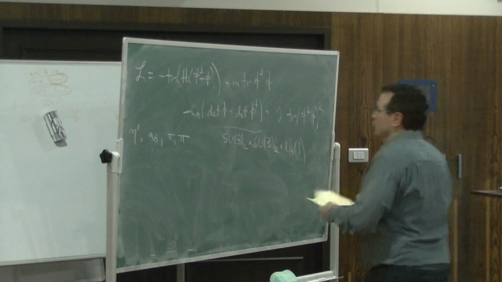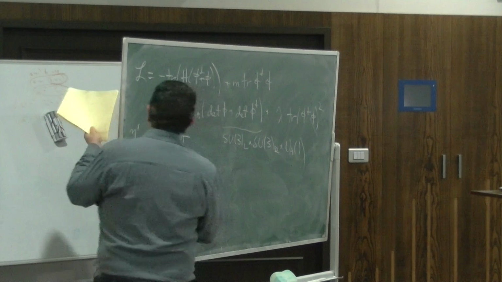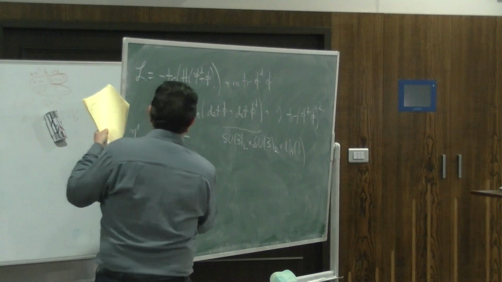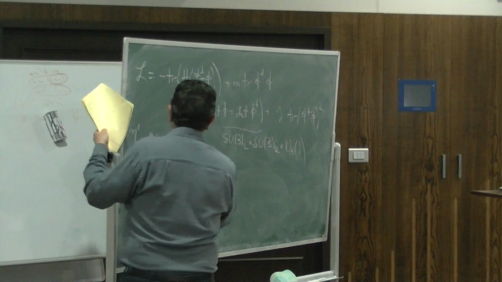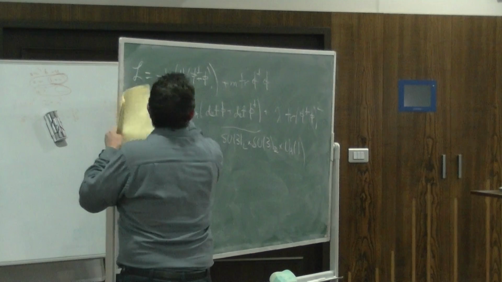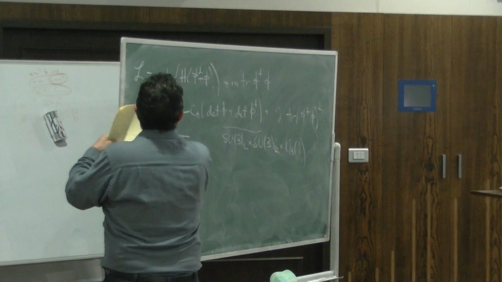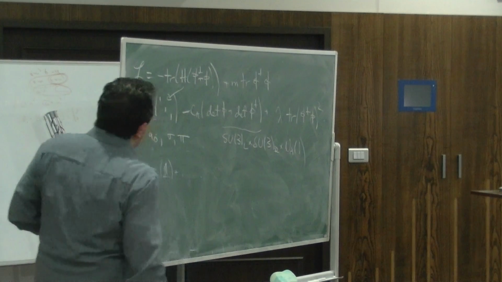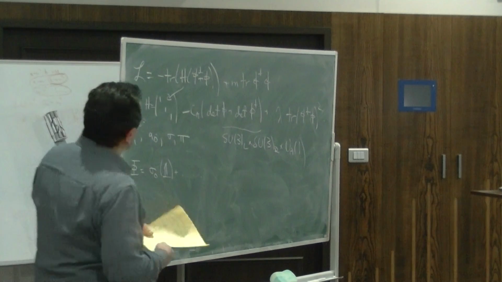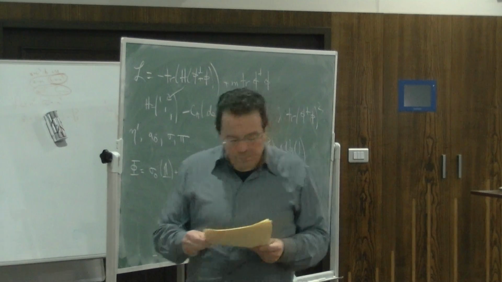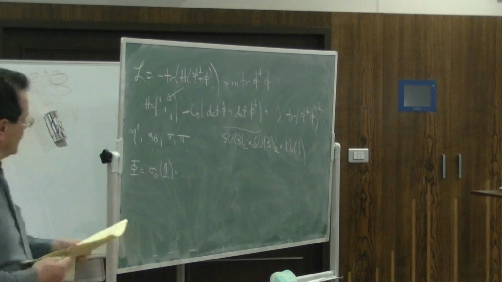So what you really have to do is take phi equal to some sigma naught times the unit matrix plus that. This is assuming h is linear, so h is 1, 1, 1. And then you have to expand in small fluctuations, compute how each term contributes, and go from there.